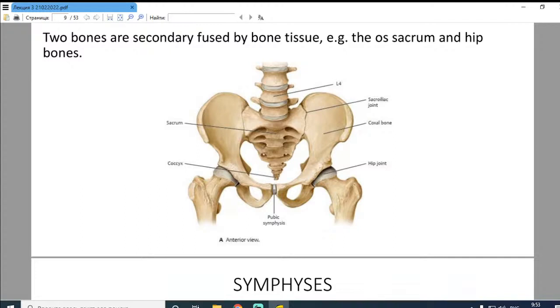This is a transversal line. It forms a unit, the sacrum. And next, the hip bone consists of three bones.